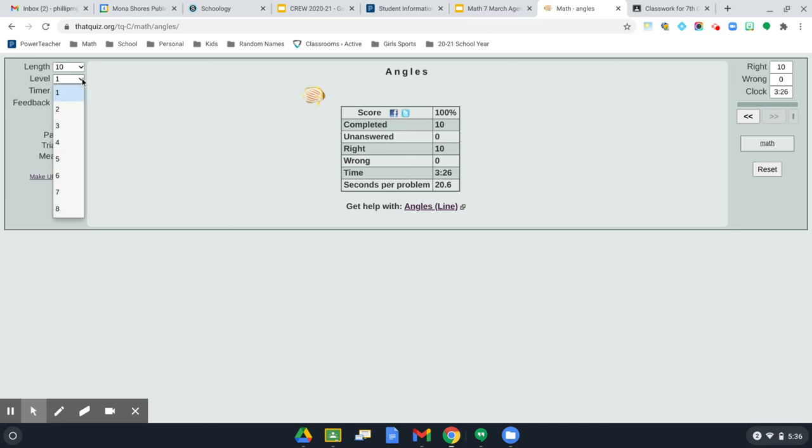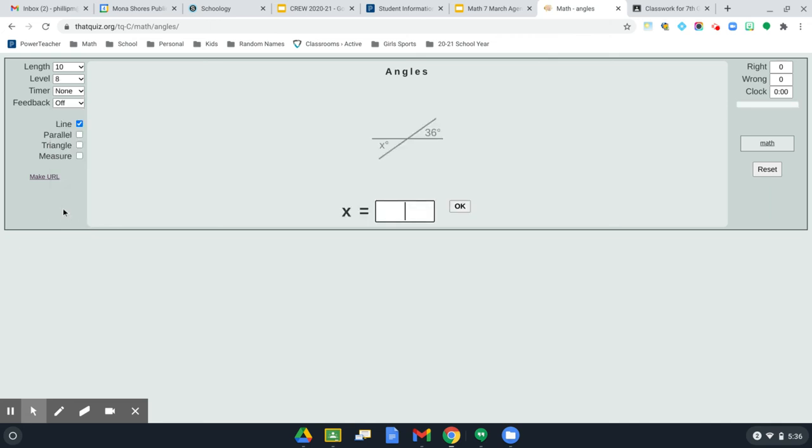Depending on how many levels you can get done within about 10 minutes, I'm going to show you some things in level 8 here. You're now not necessarily going to get even numbers, right? So it might not be as easy to see what that missing measure is. It just depends what kind of angle you're looking at. Now, I move to level 8. I look at this one in front of me. These are vertical, so these are directly across from each other. This is 36.